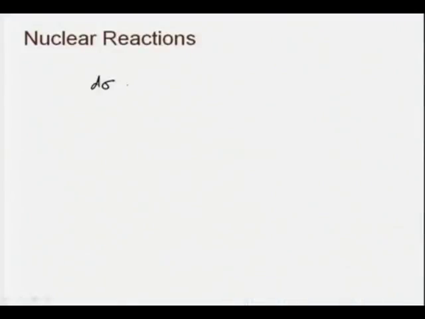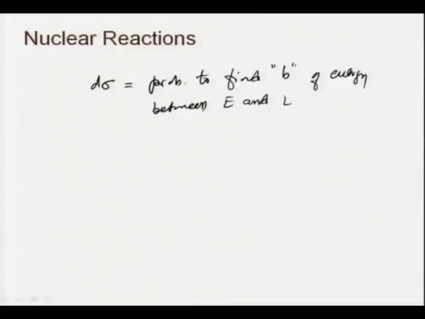So, suppose we consider such a case, and in that case define d sigma as the probability to find a B particle of energy between E and E plus dE.